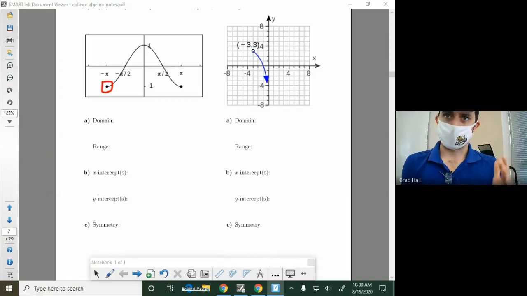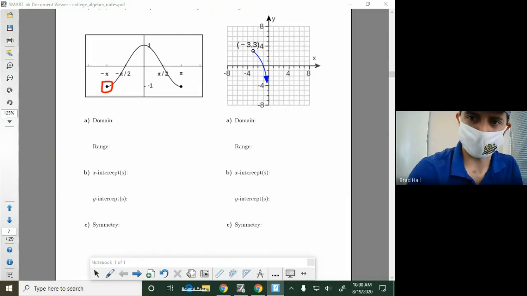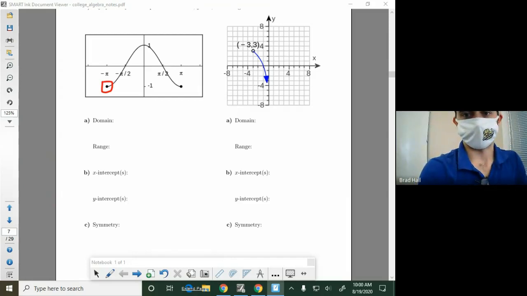Domain says, I want the x value for that point. What is the x value for that point? It's negative pi. They didn't give us an ordered pair like the previous problem, but this x value is negative pi right here.